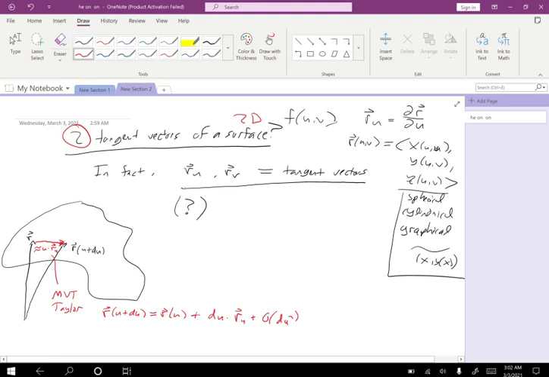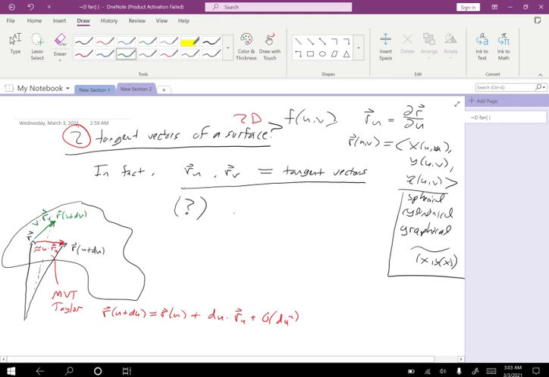Okay? And so we can do the same exact thing with v. And so our displacement vector in this case will look like dv times r_v.